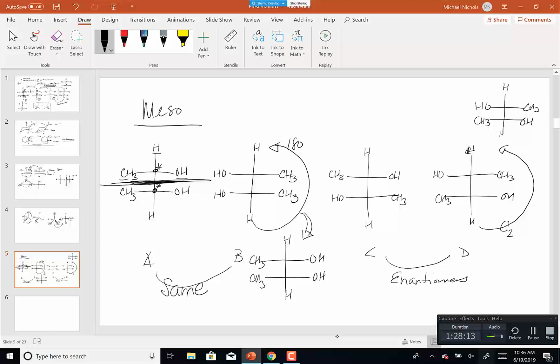Now, C and D are full-fledged chiral molecules. They will rotate plane polarized light, D and L, because they're enantiomers. But for the meso compound, since it's superimposable on its mirror image, it is not chiral. So again, weird thing about meso compounds. They have chiral centers, but they don't rotate plane polarized light.